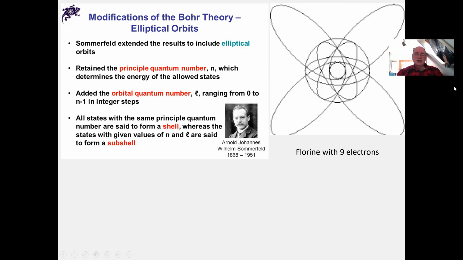Here would be a picture of, for example, the fluorine atom. If you count the orbits here, there are two circles, a little circle and a big circle, and then there are three small ellipses and four larger ellipses. You have 9 paths for the electron altogether, and we know that atomic number 9 is fluorine.